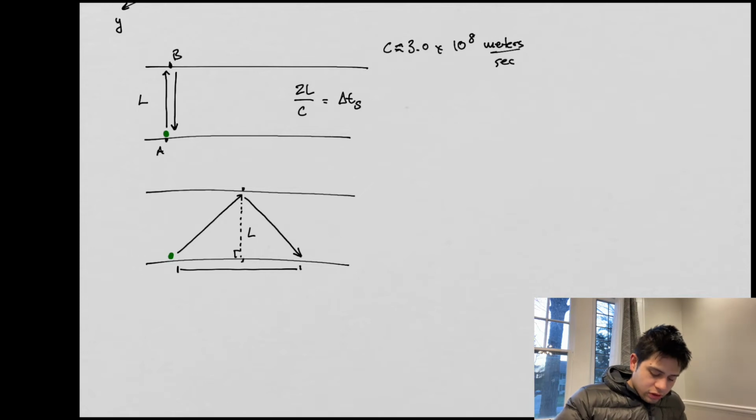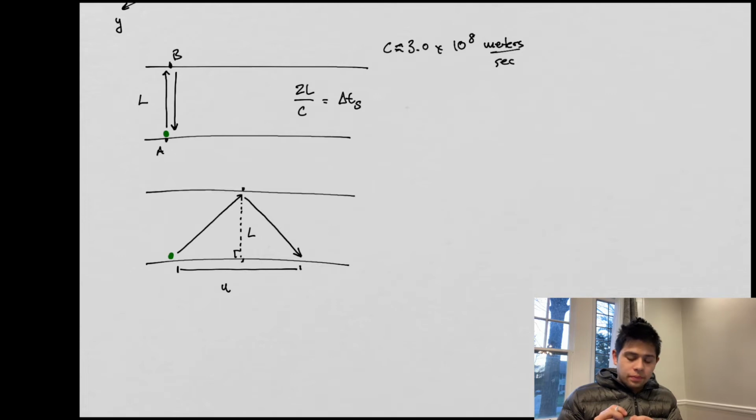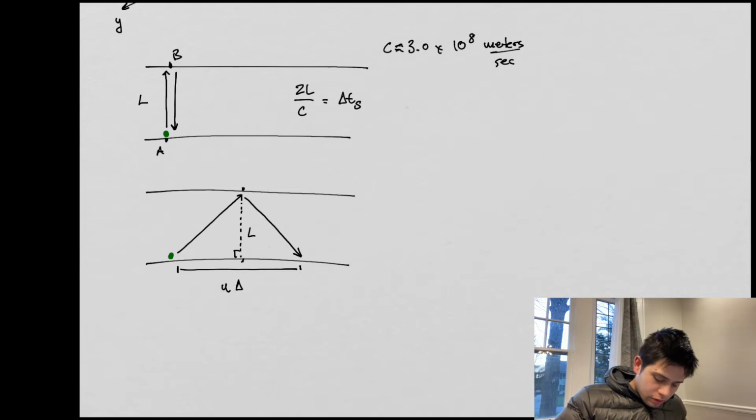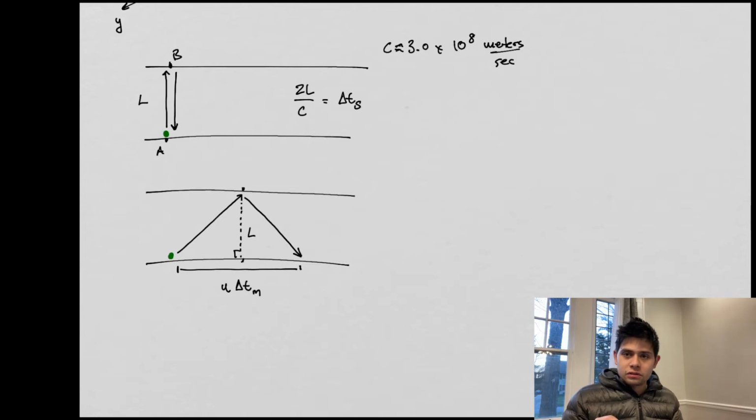So we'll call that rate of travel in the x direction u, and we'll call the time it takes, because remember rate times time gives you the distance that it's traveling in the x direction, we'll call that delta t moving, because it's moving in the x direction. You can do it for the y direction, you can do it for the z direction, and so forth.